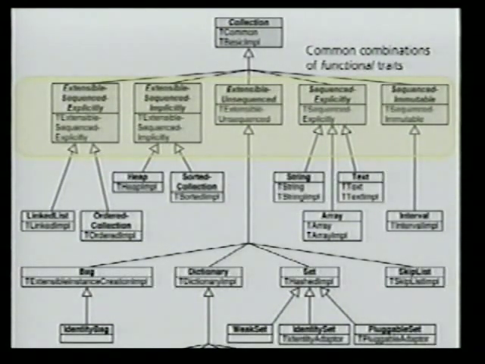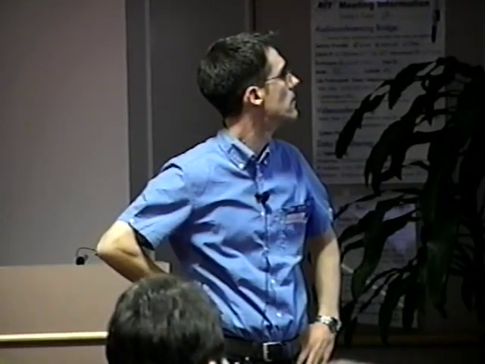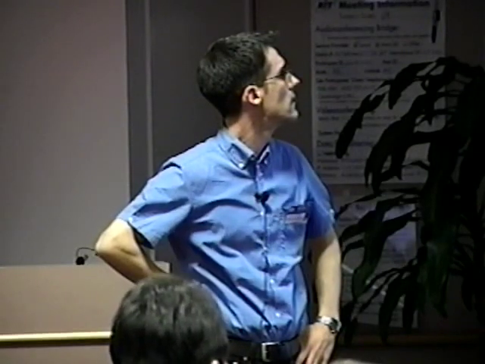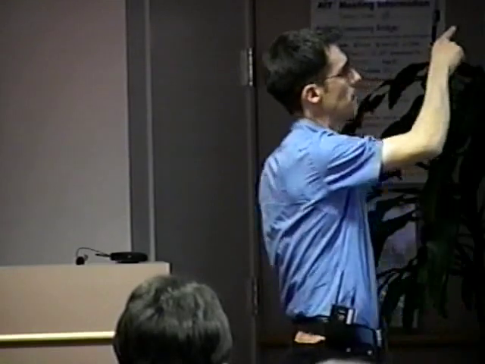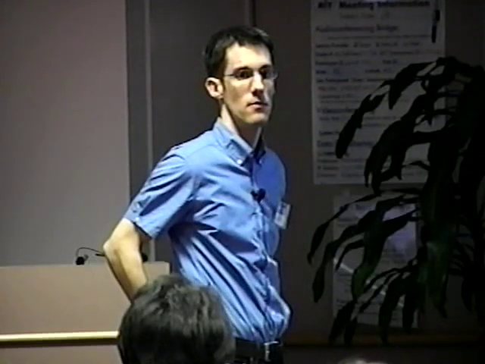What I was going to get at is, I understand that you did that. Did you have to do any glue code to combine the T extensible and T sequenced explicitly components into a T extensible sequenced explicitly? Right, generally there's an implicit assumption that these traits are orthogonal to one another, that they don't interact, that extensible doesn't interact with sequenced.